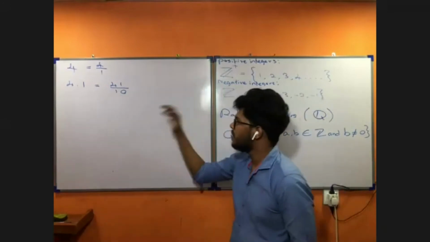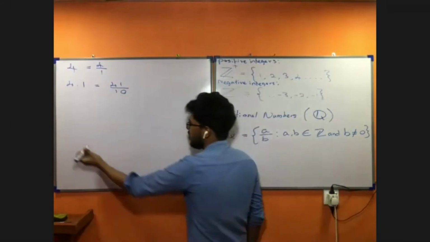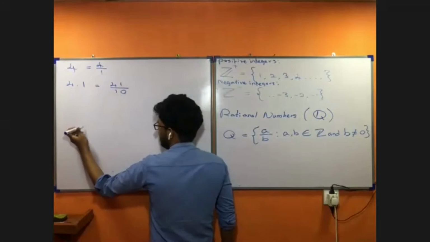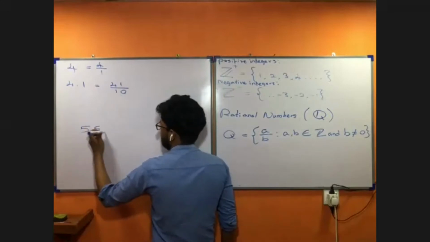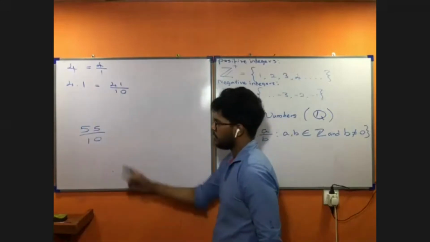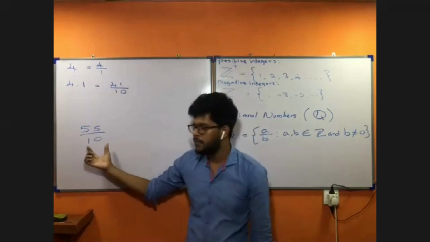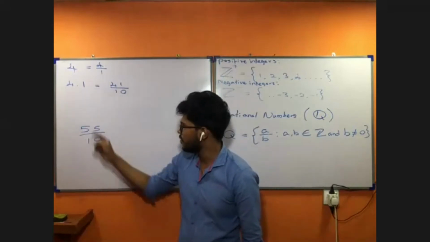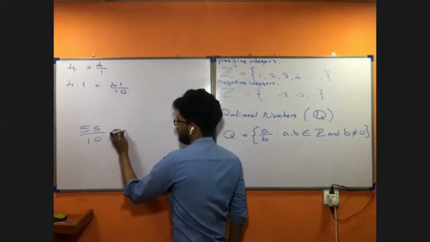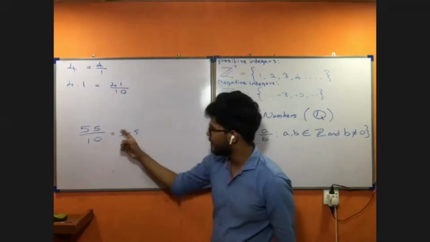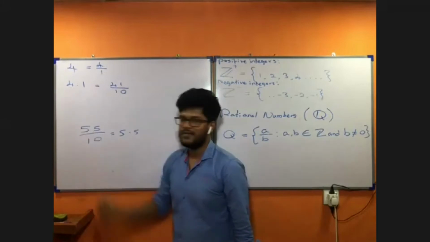I will give you a little bit of basic information. If you take any number, let's say 55 divided by 10, whenever you divide a number by 10, you go one decimal place backwards. So that means 5.5. If you divide by 100, you go 2 decimal places backwards.